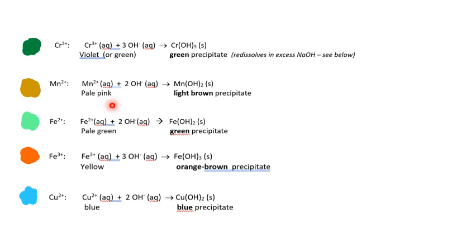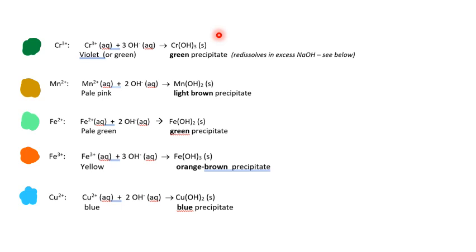So in the earlier video we learnt the colours of the aqueous solutions. So manganese 2+, it's very pale pink, so much so that it looks almost colourless. But when you add the hydroxide ions, you get this light brown precipitate forming of manganese hydroxide, Mn(OH)2.